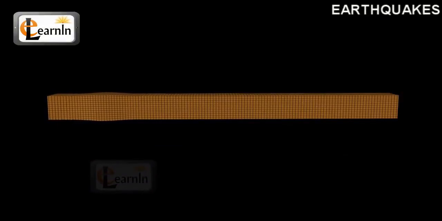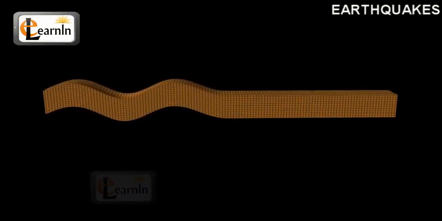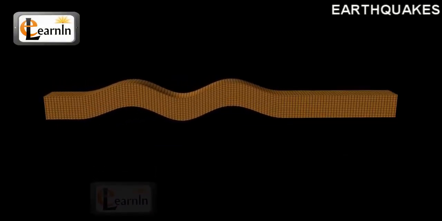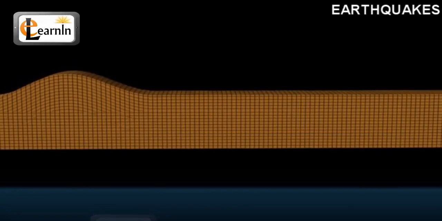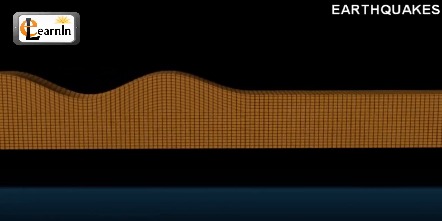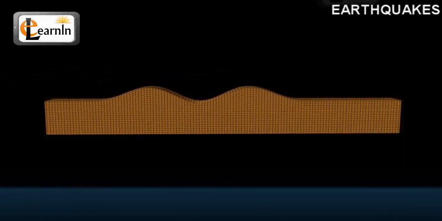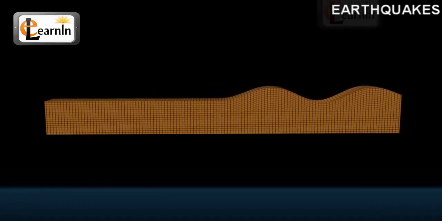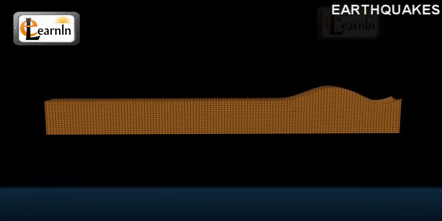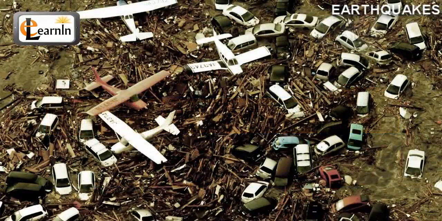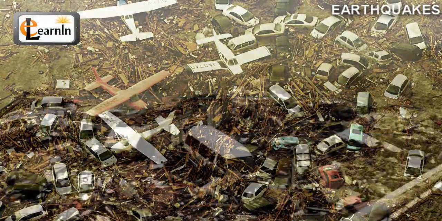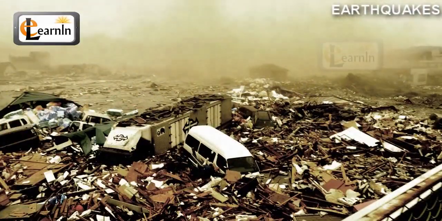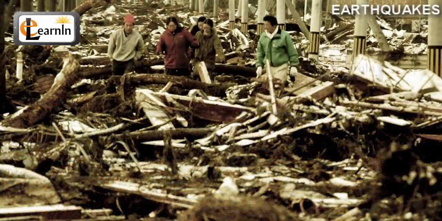When P and S waves reach the surface of the earth, they get converted into L long waves that travel along the surface, vibrating horizontally at right angles to the direction of the waves, called Love waves or Rayleigh waves, as they also travel like sea waves. The most violent shocks and subsequent destruction is caused by the L waves.